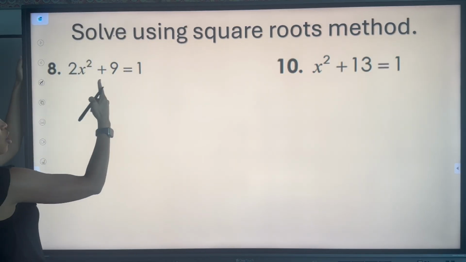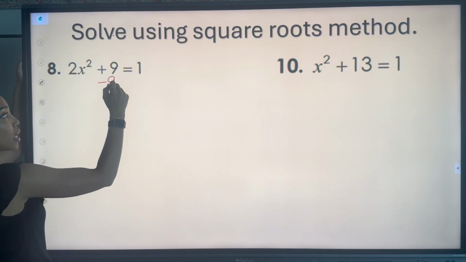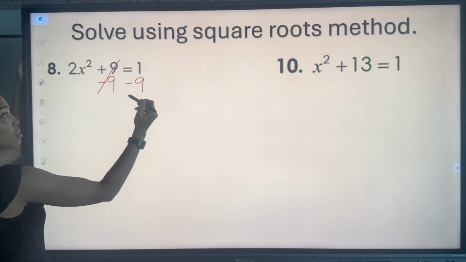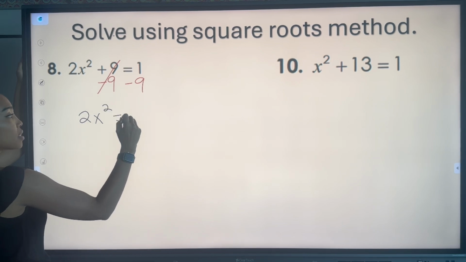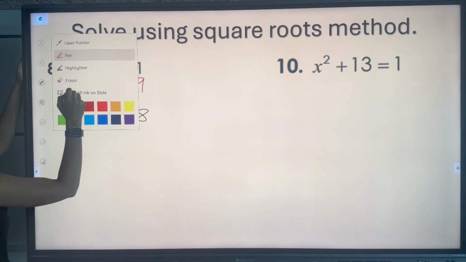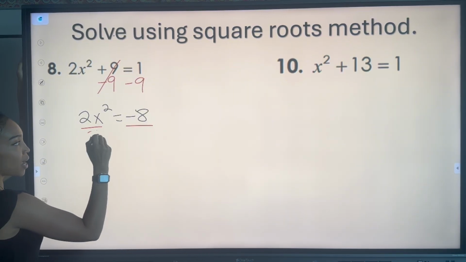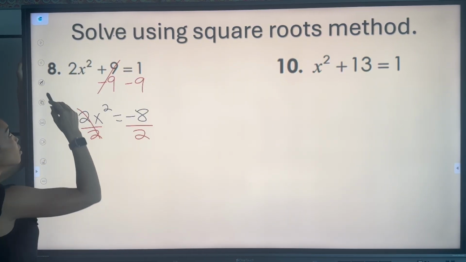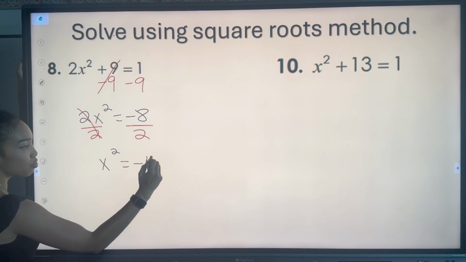So I'm going to solve this. I want to get x by itself. I'm going to subtract 9 from both sides. So I'm left with 2x squared equals -8. From here, you should divide both sides by 2. And you're left with x squared equals -4.